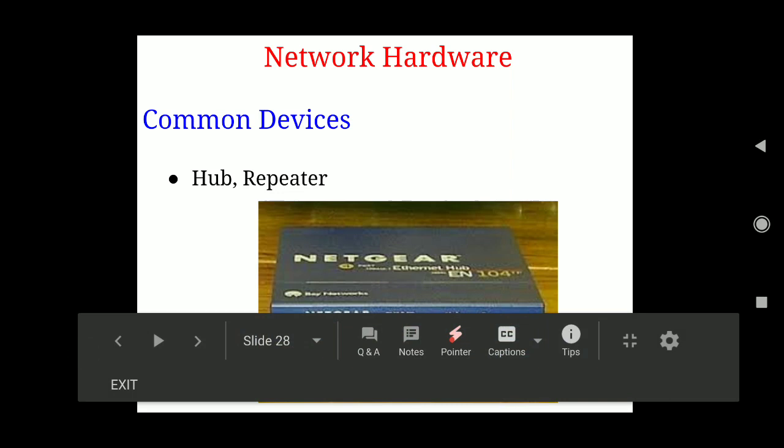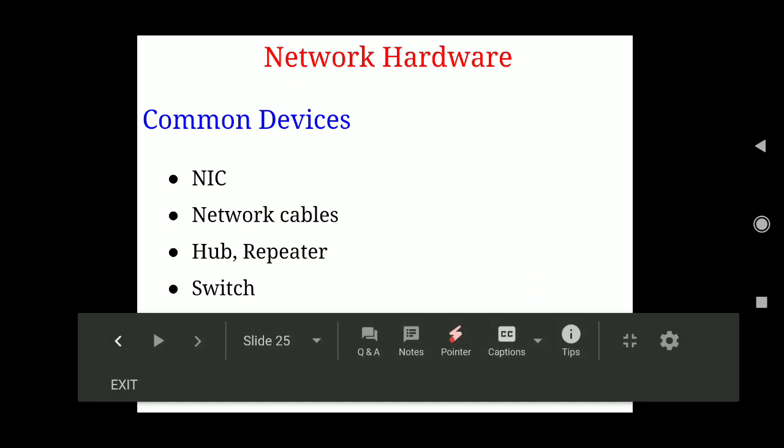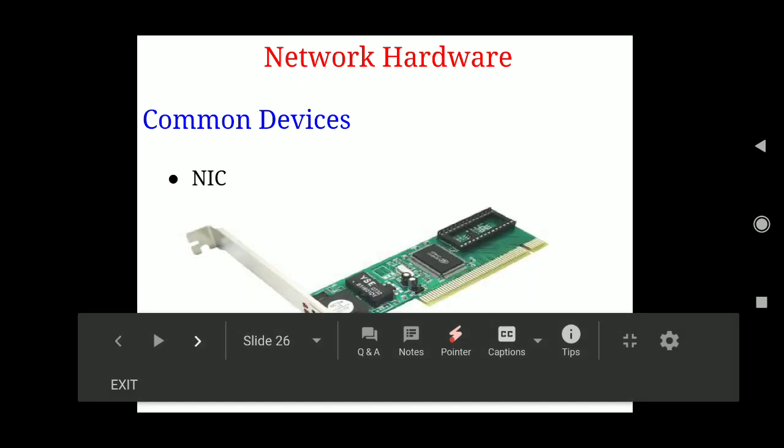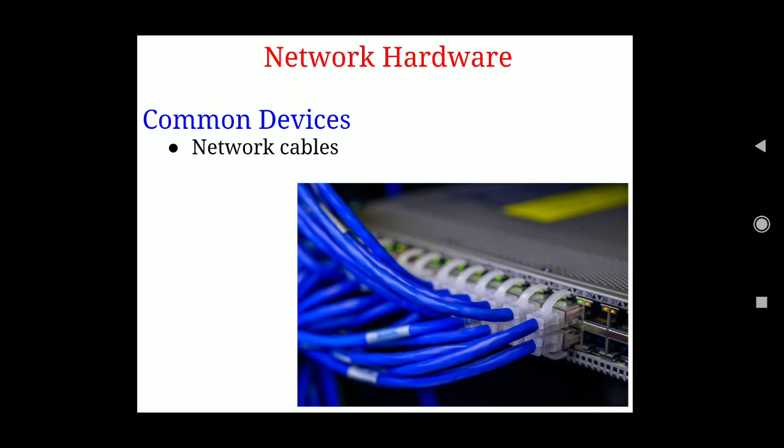If you can see here, the white part is called the RJ45 port. The RJ45 port is used to connect the cables either to the machines, that means the computers, or the switches or the hubs. Now there are various types of cables.